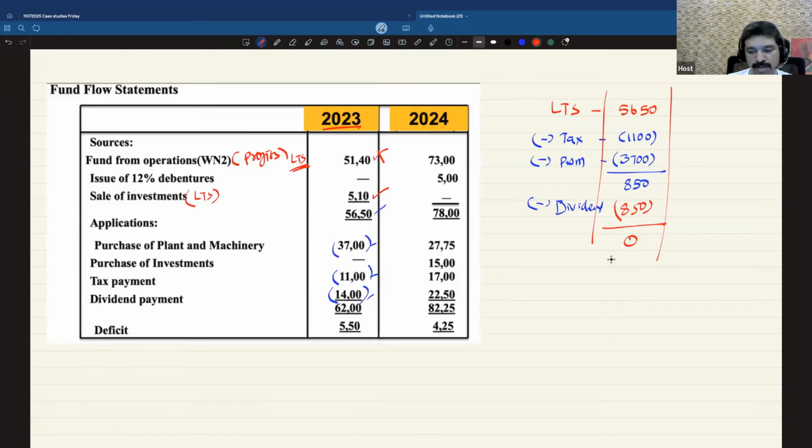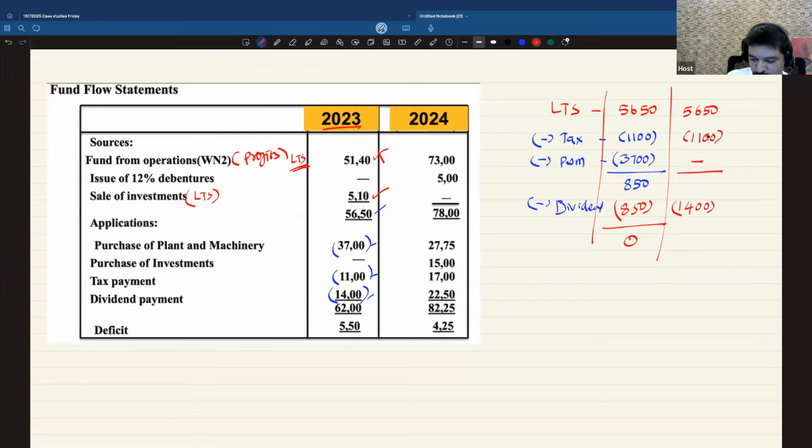or expectation. The owners are going to expect a certain level like this, then they should have reworked in this model. That is 5,650, okay, is the long-term source. Let them pay the tax of 1,100. And in the place of plant and machinery, let them pay dividend, that is 1,400.